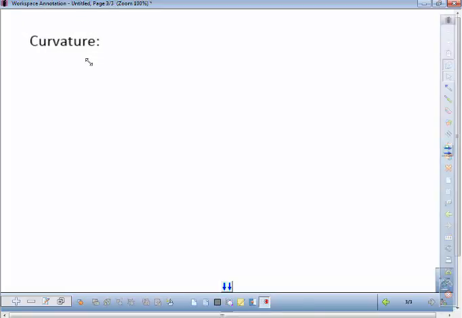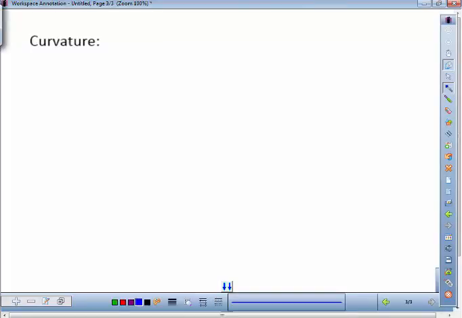Let's go two-dimensional first, and then we'll extend it to 3 dimensions, or we can pretend it's a 3-dimensional curve where z is equal to 0, but this could be extended. I think it's easier to start looking at curvature in 2 dimensions first.